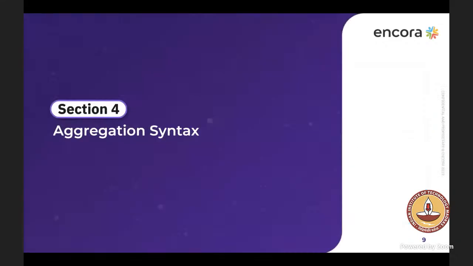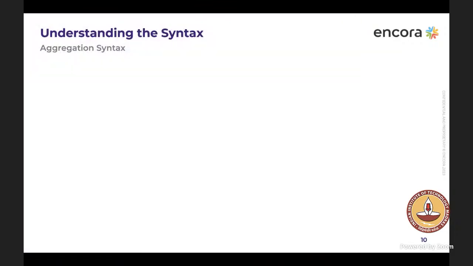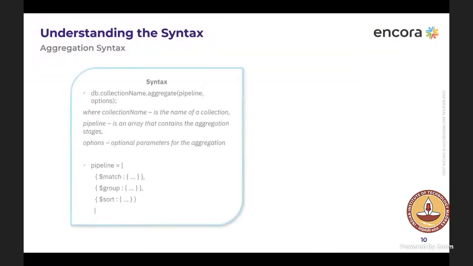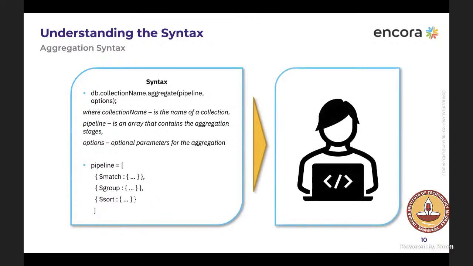Okay, the next one will be the aggregation syntax. We can quickly take a look at that as well. In the typical aggregation syntax, we have a database object, then we put the collection name on which we want to do the aggregation, then the aggregate function.